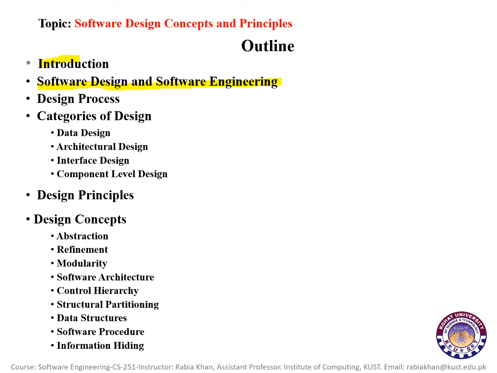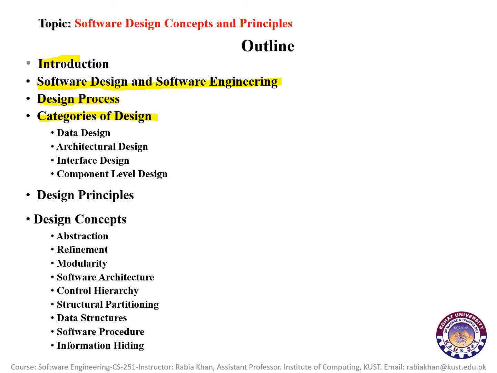Then we'll discuss the software design process and how quality plays its role in software designing. So what is the role of software quality in software design? We'll be discussing that. Then we will discuss different types, or categories, of software design.